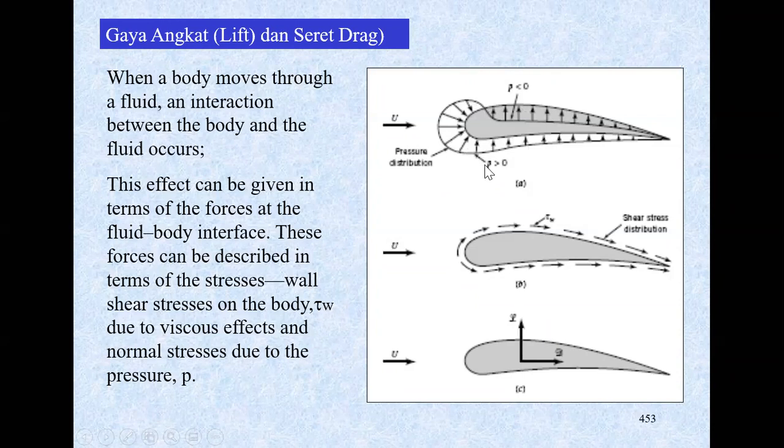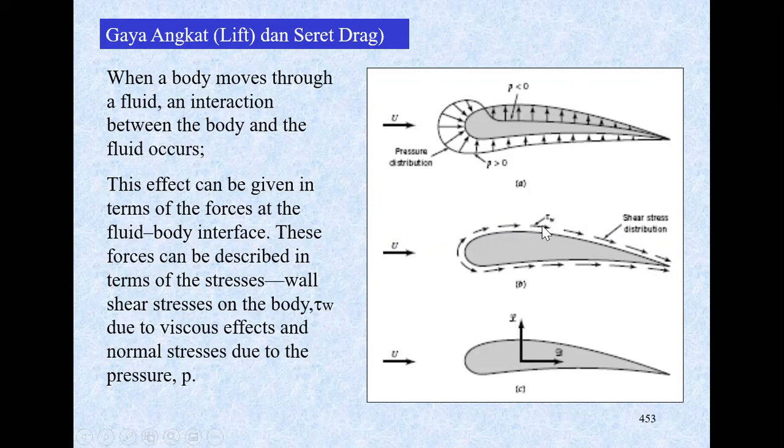Other than that, there's actually also a friction force. This one acts normal to the velocity, and this one acts in the same direction as the velocity, and it is due to the friction between the fluid layer and the wall of the object.